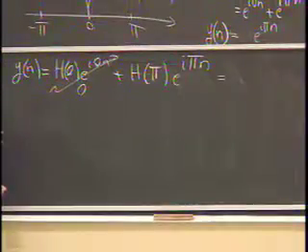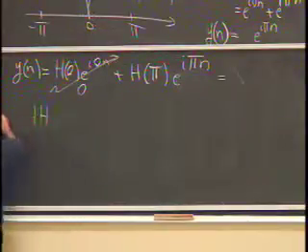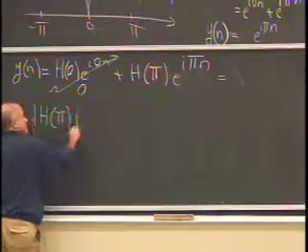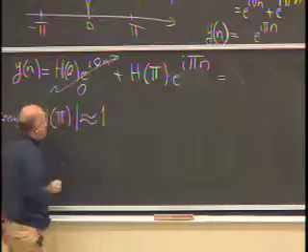Who said close? Close to? If you don't want to write any equations, like I told you, what you know is that the magnitude of h at pi is approximately 1.